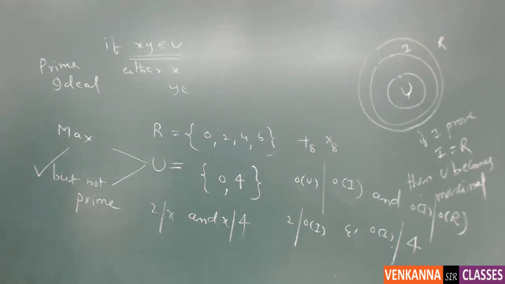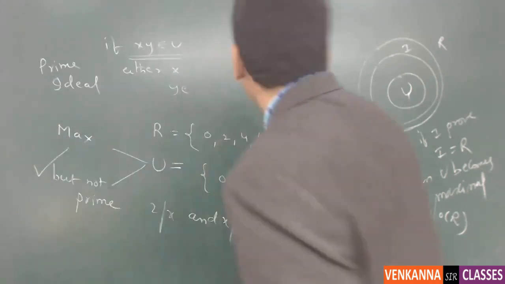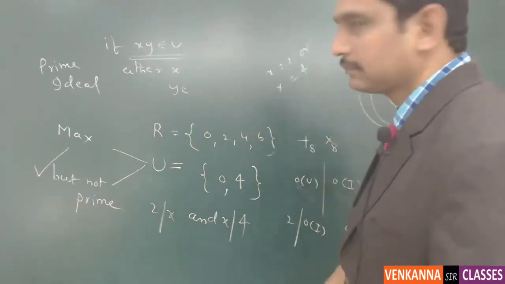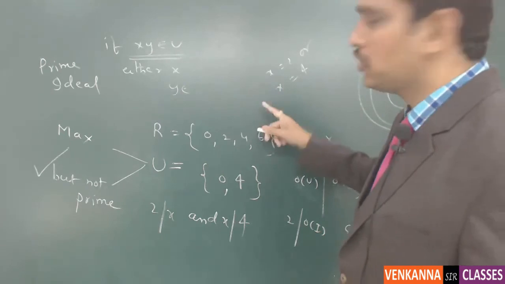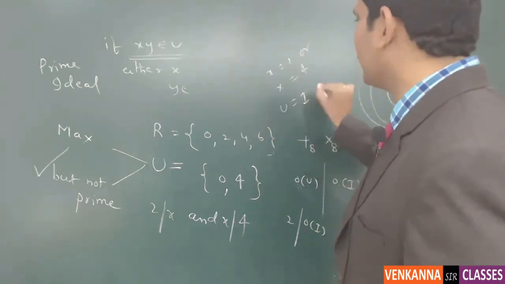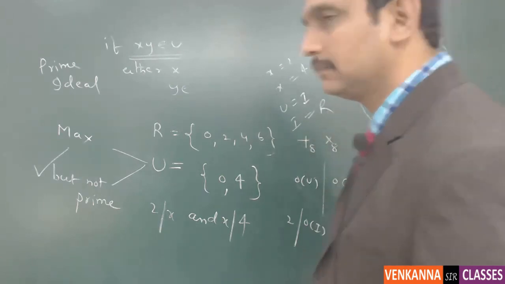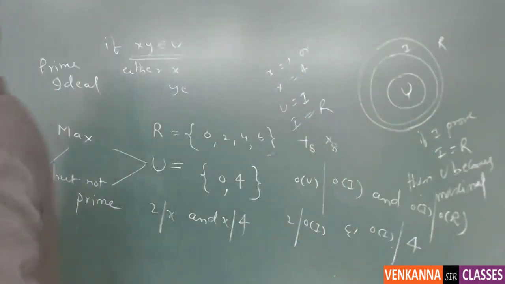So the possibility for I is either x is equal to 2 or x is equal to 4. If you take x is equal to 2, it is nothing but U is equal to I. If you take x is equal to 4, you say that I is equal to R. Therefore, U is the maximal ideal. It has no other possibility. So maximality is proved. It is not a prime ideal is proved. It is one good example.